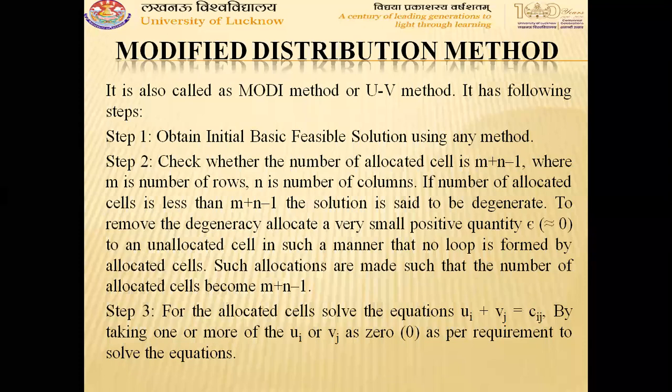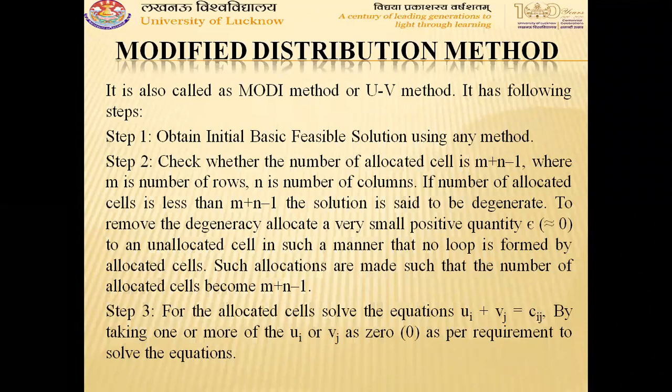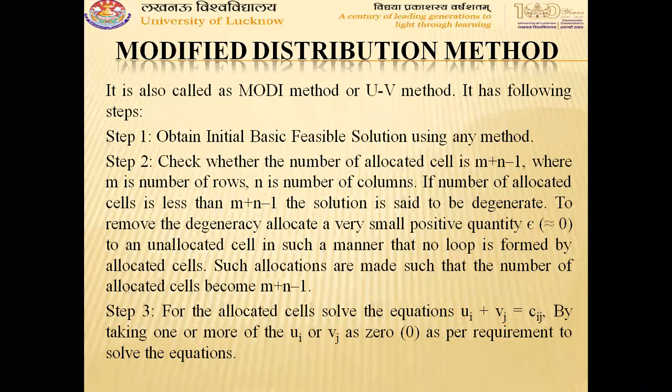So the occupied cells must be equal to m plus n minus 1. If occupied cells are less than m plus n minus 1, then we allocate a very small positive quantity epsilon to an unoccupied cell in such a manner that no loop is formed by the allocated cells.